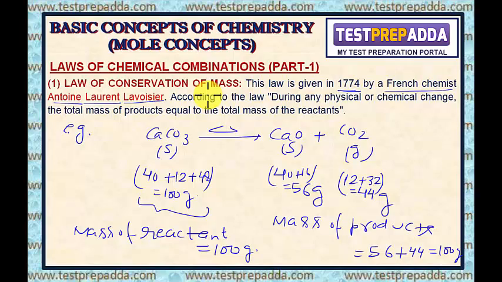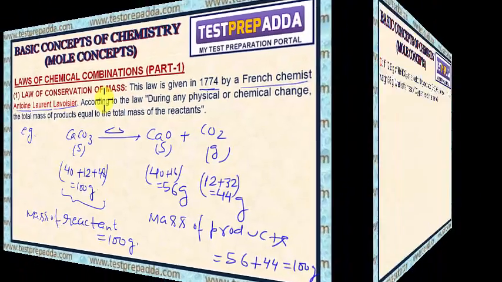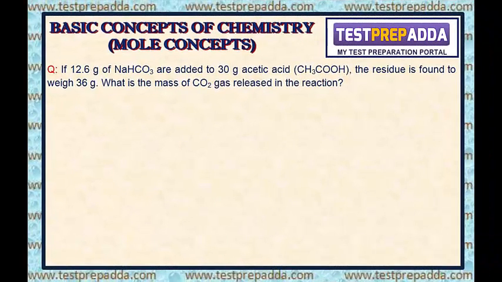Now, to understand this law in a better manner, I will take a question here. The question says, if 12.6 gram of sodium bicarbonate are added to 30 gram acetic acid, the residue is found to weigh 36 grams, what is the mass of CO2 gas released in the reaction? Let me write the reaction first.